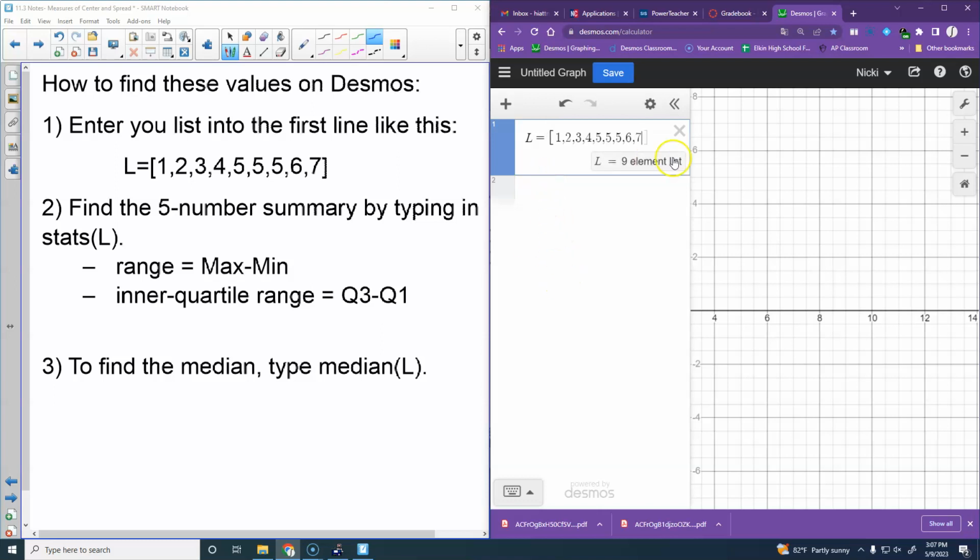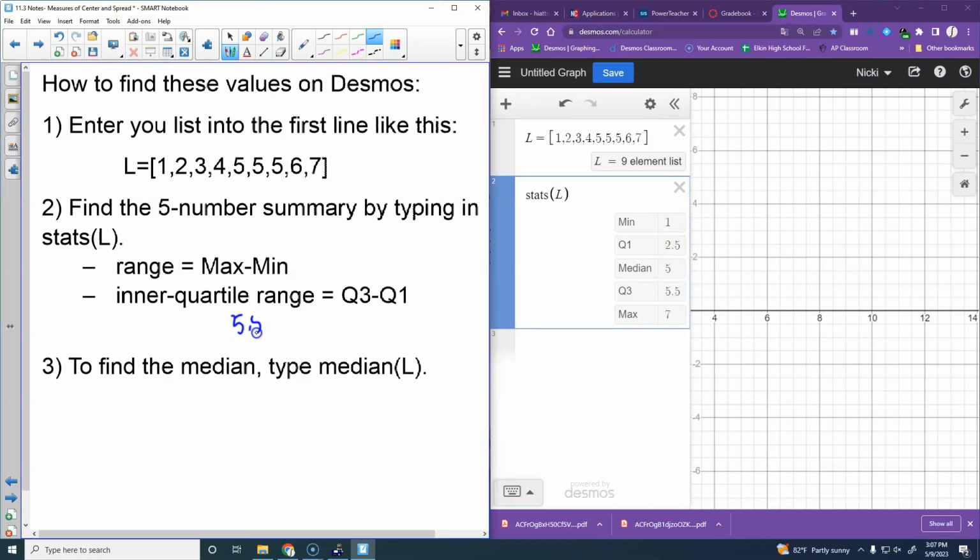So, if I want to find interquartile range, I would do stats L, and then I would just take Q3 minus Q1. So for this one, it would be 5.5 minus 2.5, and I would have an IQR, or interquartile range, of 3.